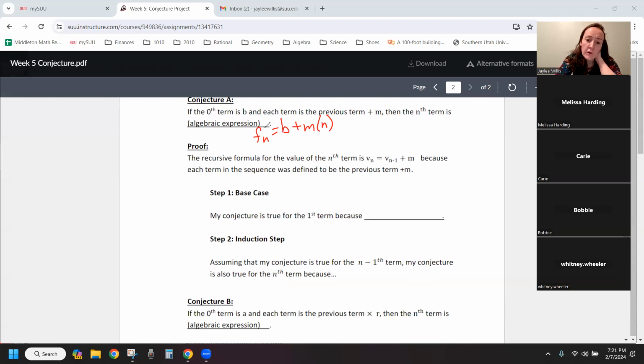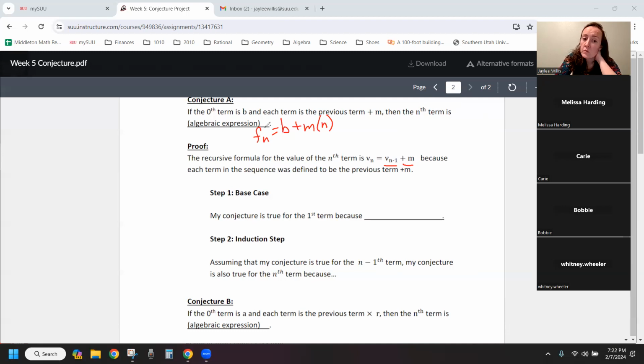And then it says the recursive formula for the value of the nth term is v of n, and if you want to, you can replace those with s if that's easier for you to think about, equals the previous term plus m, because each term in the sequence was defined to be the previous term plus m. And then for the base case, we just need to prove that it's true for the first term.